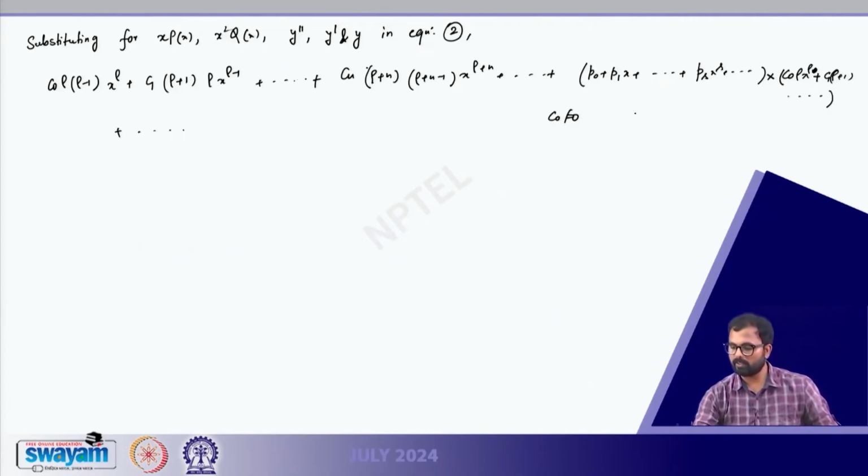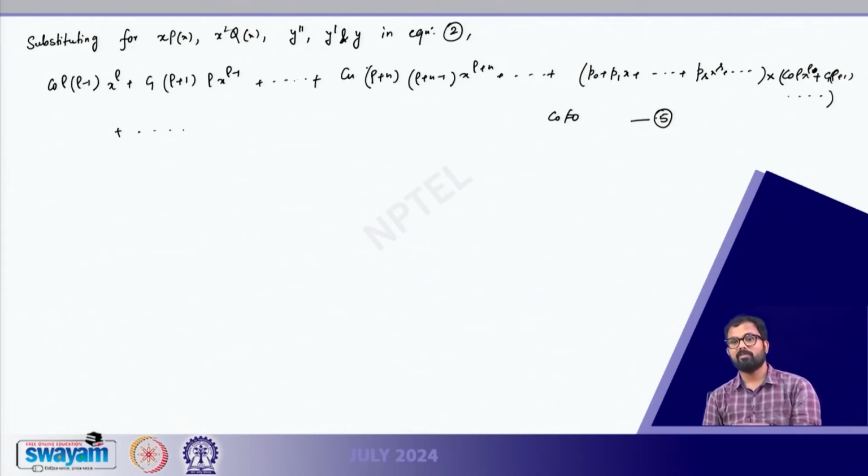So, this is equation number 5. We have to put all the values, that means p(x), x p(x), x square q(x), y double dash x, y dash x, y(x), and then multiply by all those x and x square and so on, x into dy/dx. So, we have to multiply dy/dx by x.